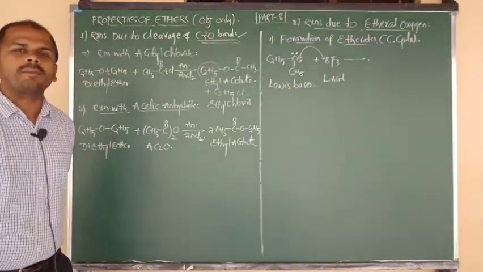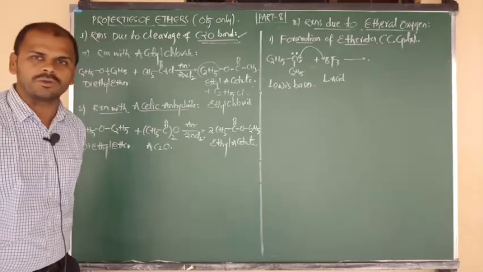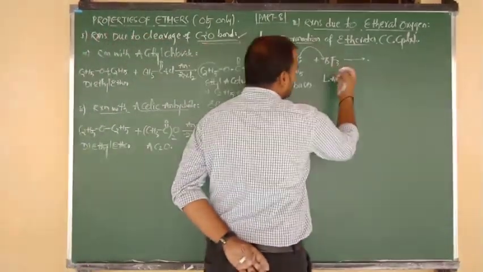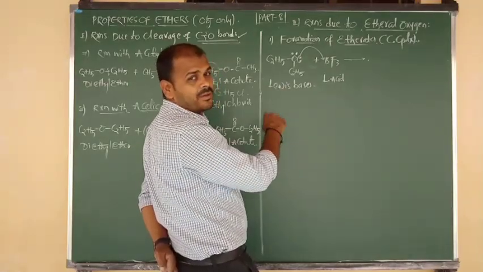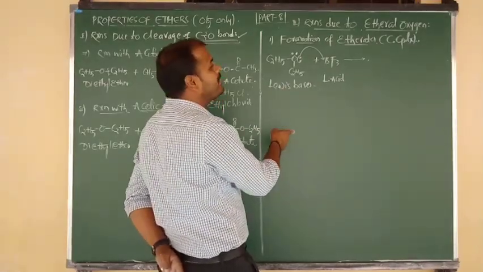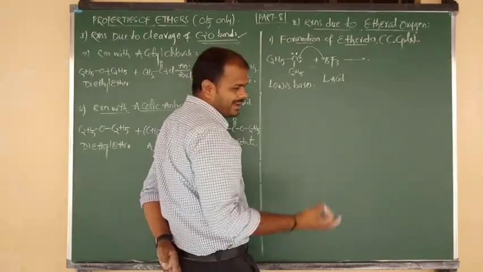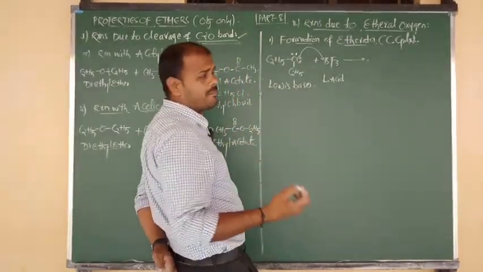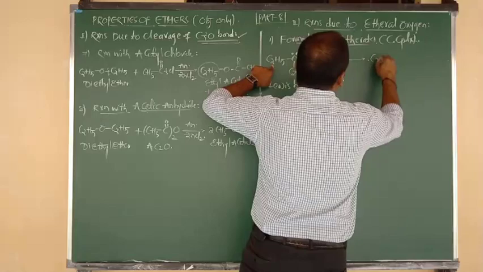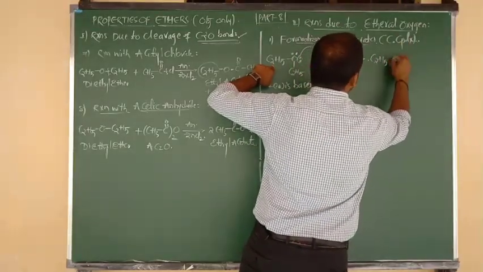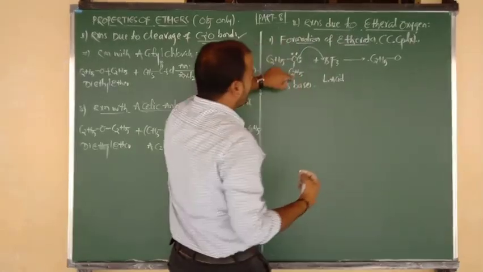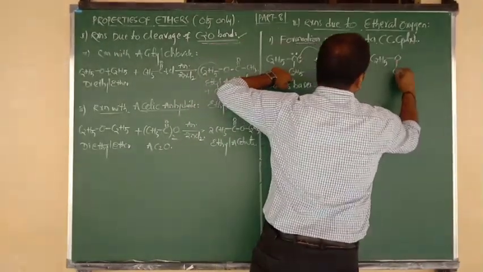we can donate a pair of lone pair of electrons. By the donation of lone pair of electrons from donor to acceptor, we can expect the formation of a coordinate covalent bond. So what will be the final product here? C2H5 bonded to O, again O from below the plane connected to another ethyl group.